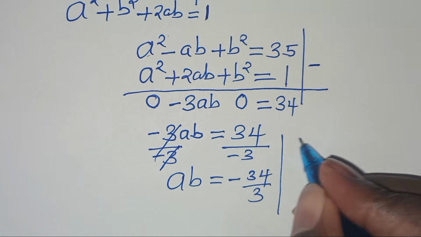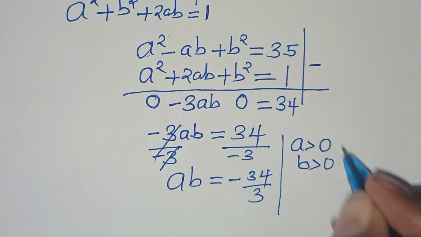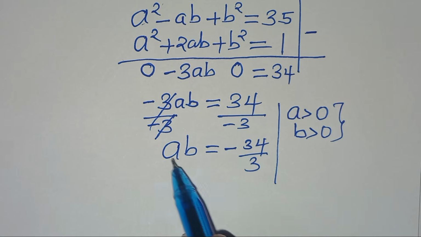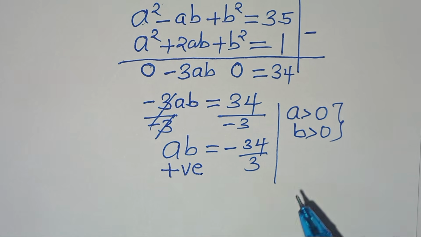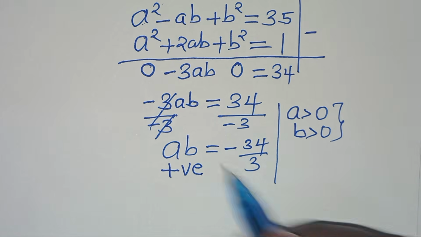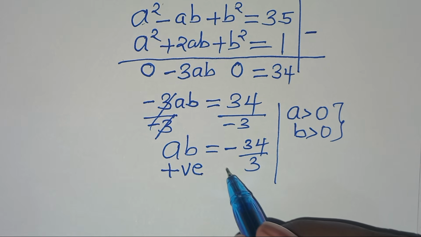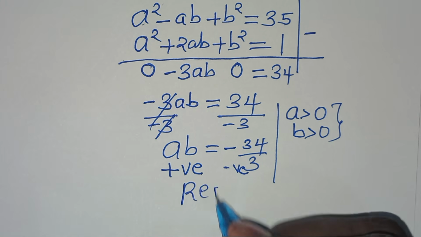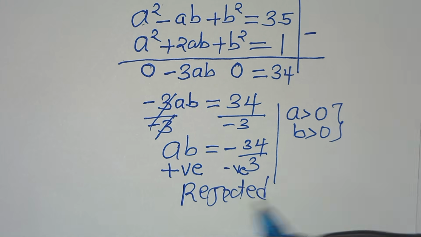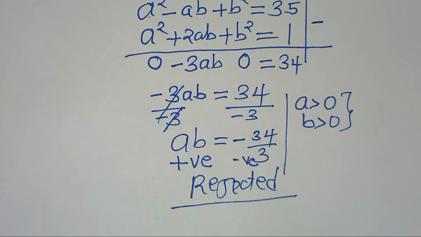And we have that a is greater than 0 as well as b is greater than 0, so on the left hand side this should give us a positive value, which contradicts what we have here, −34/3, which is negative. So in other words, case 1 is rejected. Now let's proceed to case 2.